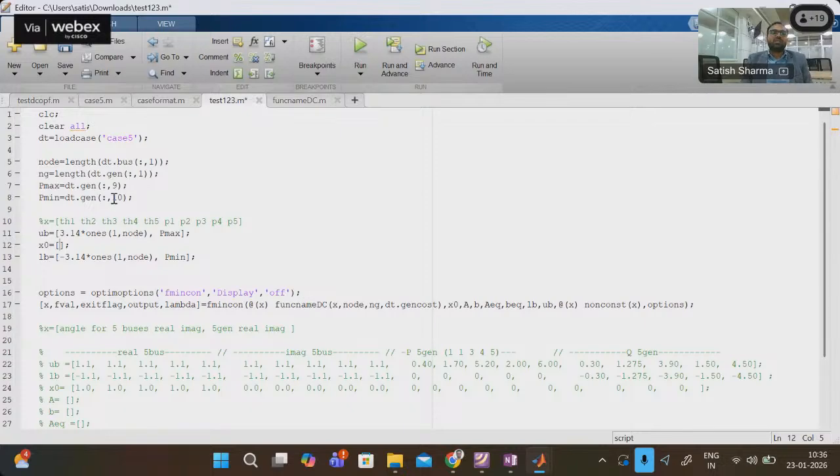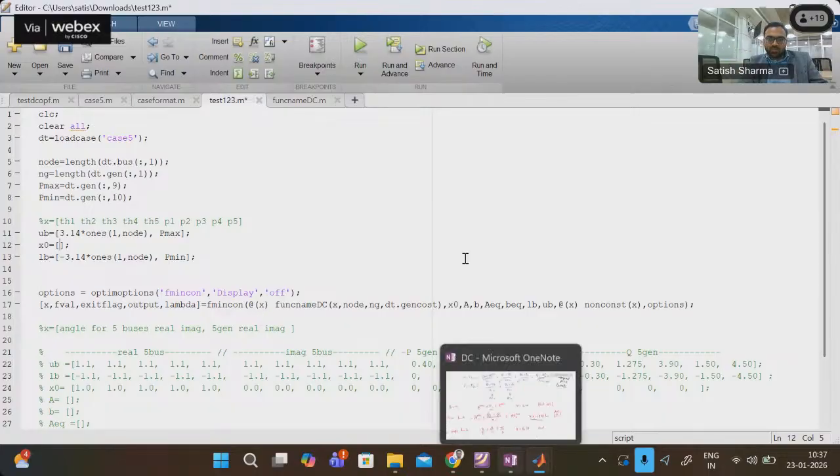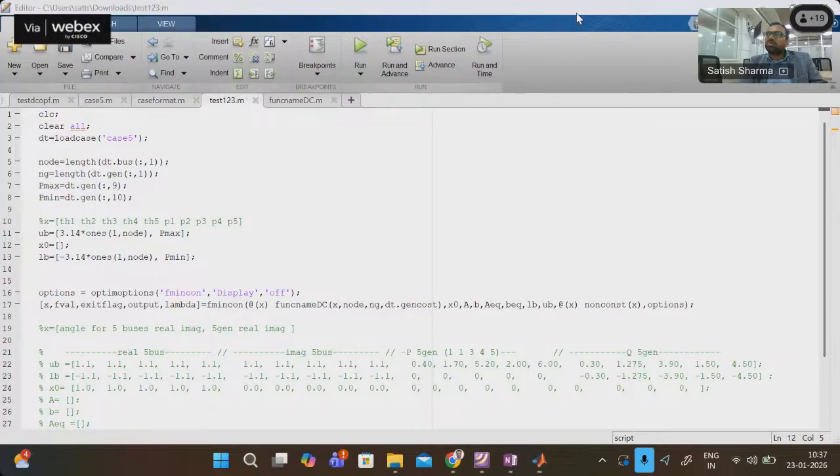So what should I keep? Yes. And Suman, what will be the initial value for this P?